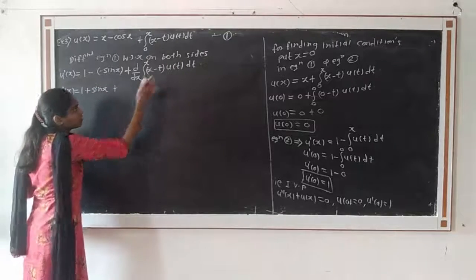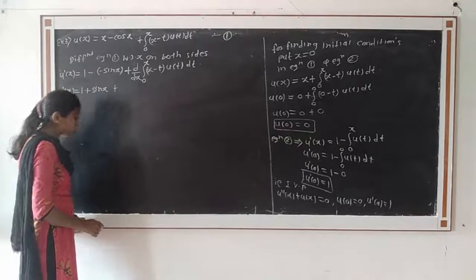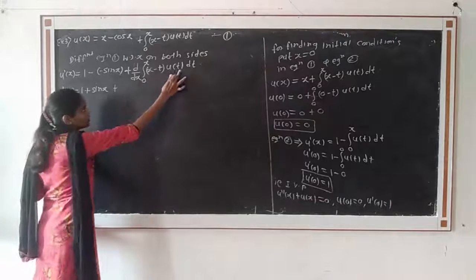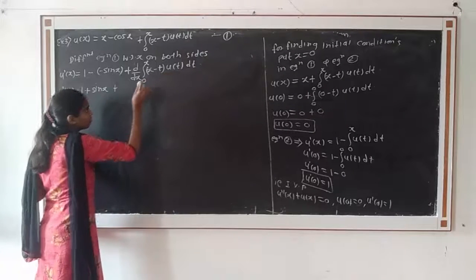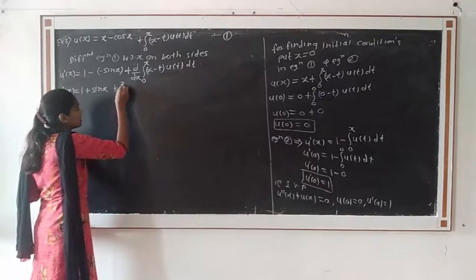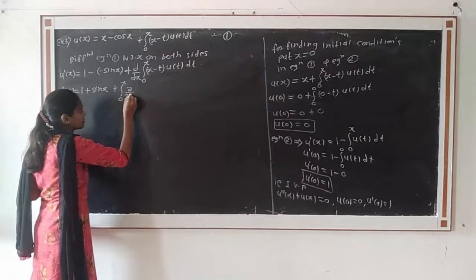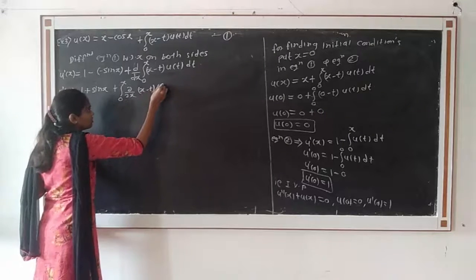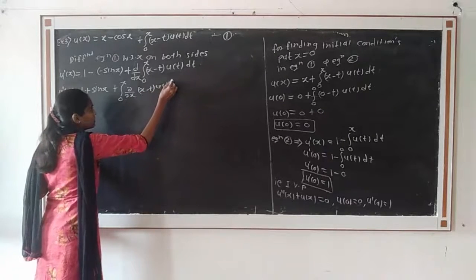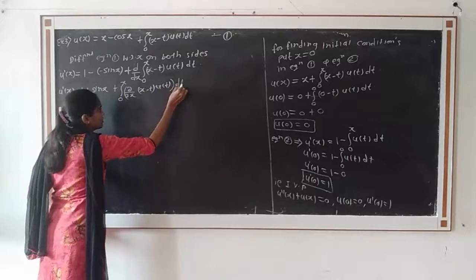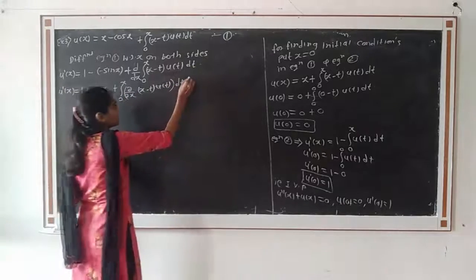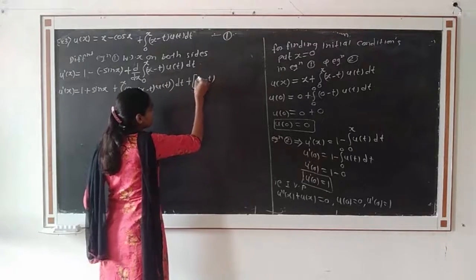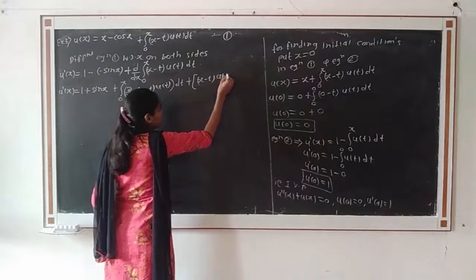plus, here we have to use the Leibniz rule for differentiating this integral. The function g of x, t is (x minus t) into u of t. Therefore, we take integration from 0 to x and partially differentiate this function, d by dx of (x minus t) into u of t, into dt. Then plus, in brackets we write the function g of x, t, that is (x minus t) into u of t.